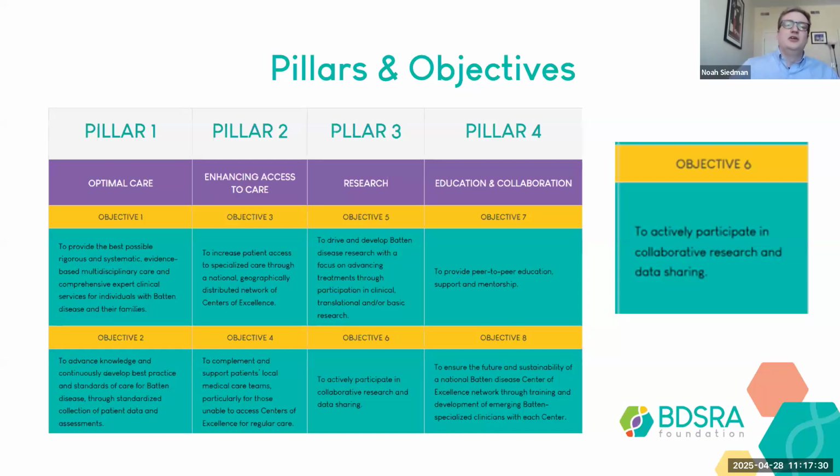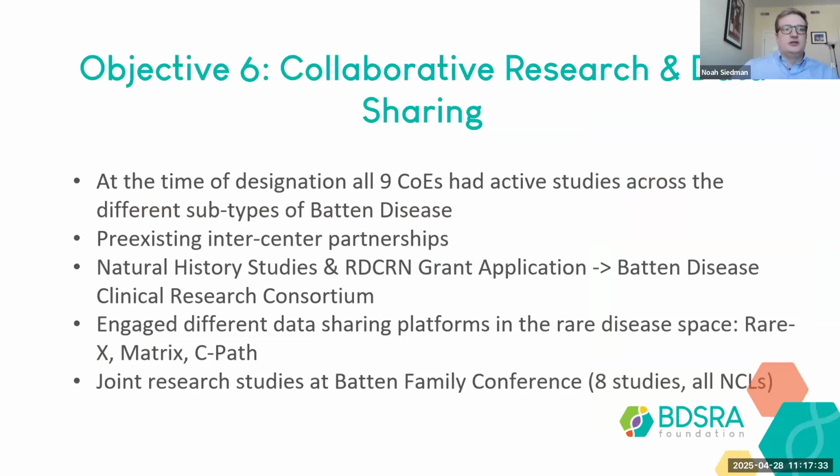And yeah, so let me pop over to the next and give just a little more detail. So nine centers of excellence, and one of the things that was really exciting to us as we were putting this group together is that at each of the centers there was an active ongoing study across all of the different subtypes of Batten disease, and there are quite a few. In addition to that, a lot of these centers already had partnerships. So folks were already working together, already sharing and collecting data jointly.